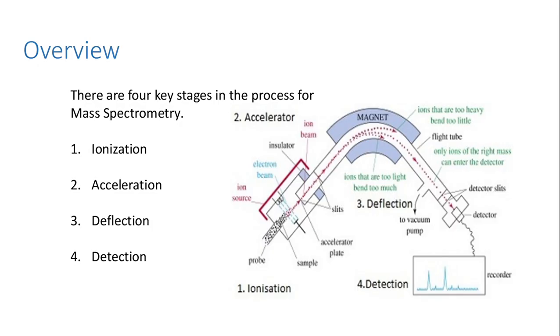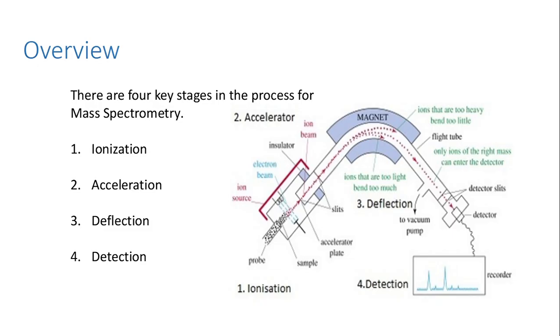Coming to the overview of mass spectrometry, there are four key stages in the process. One is ionization. You can see all this in the image on the right side. After that there will be a probe and sample collected, and there is an accelerator plate, and the ion beam is introduced, and slits are there, and there is an acceleration phase. Then in another phase it enters into the magnet.